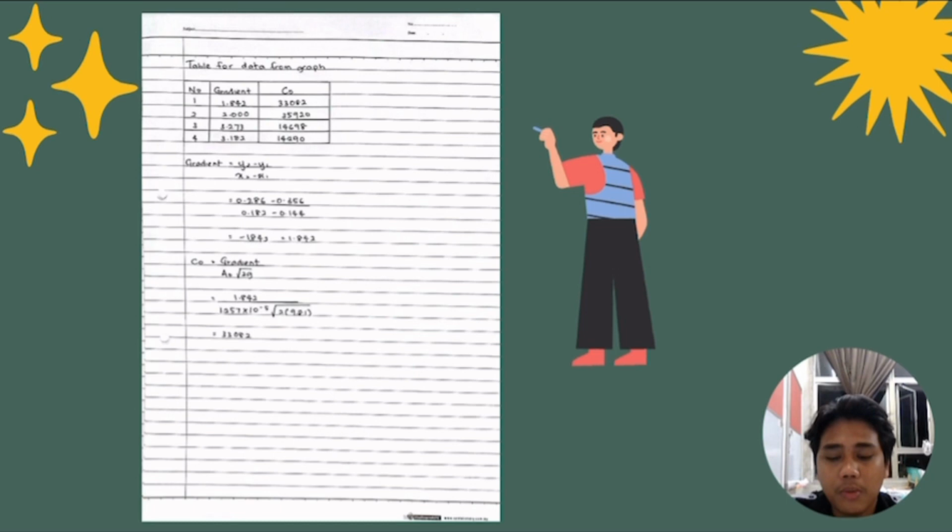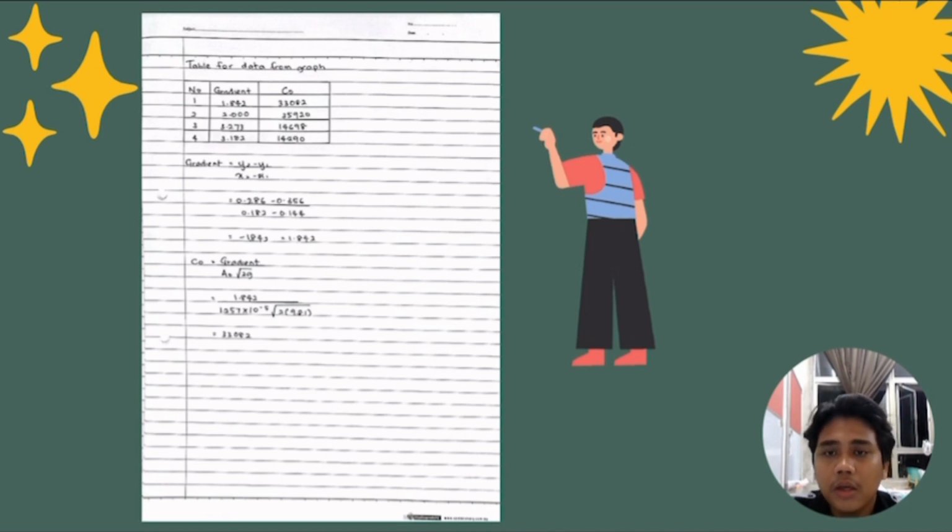To compare the experimental discharge coefficient and the theoretical discharge coefficient, we need to make a table from the data that we got from the graph. The purpose of creating the table is to find the gradient. The formula for the gradient is y2 minus y1 over x2 minus x1. The data to find the gradient we can get from the graph that we made when we did the experiment.